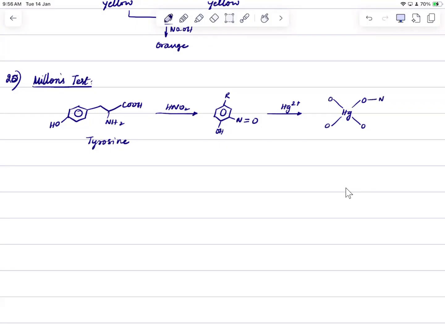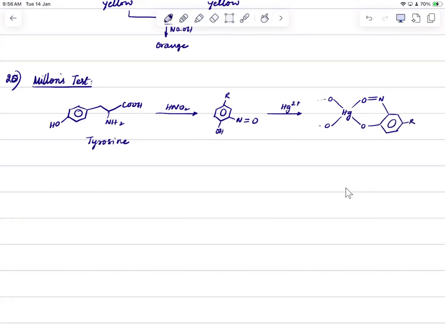This is connected to that double bond NO, and this is connected to that phenolic form like this. This is that phenolic form which you have. All right. This is the R connection.